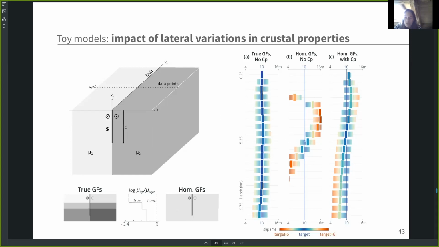There are only two subfaults on which the target model is within the possible slip models, but actually that's very bad. In contrast, if we account for uncertainties, so that's what you can see here, then the slip model is actually pretty good. That's not as perfect as with the true structure, but that's quite logical.